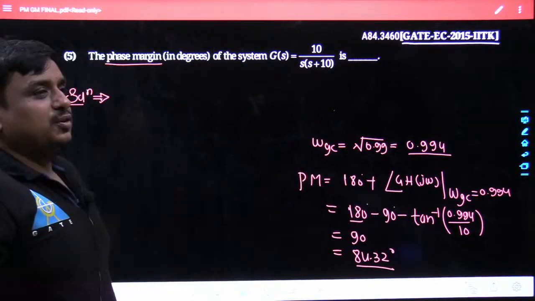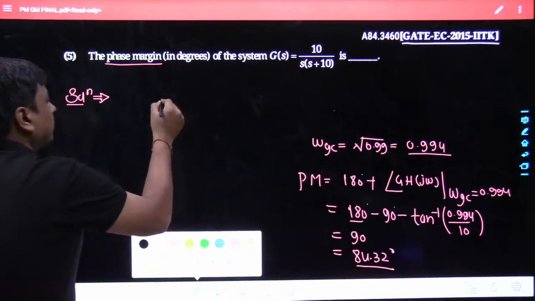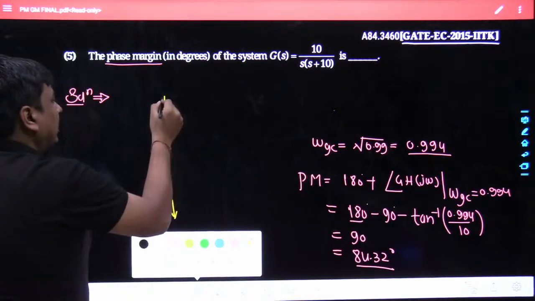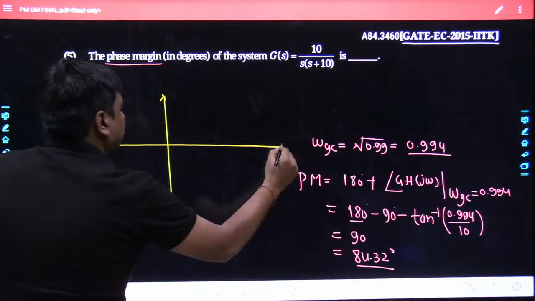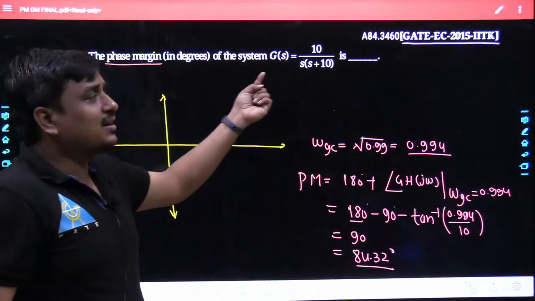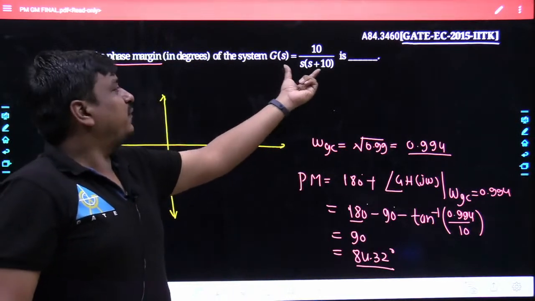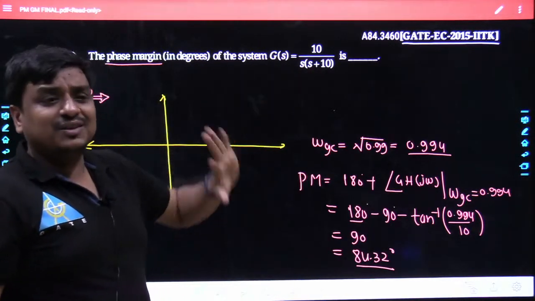Now try to understand in this way. If I draw the polar plot for the given OLTF, may I know what would be the starting angle? The starting angle is going to be minus 90 degrees. May I know what would be its final angle? The final angle would be minus 180 degrees, which we have seen in the last class.